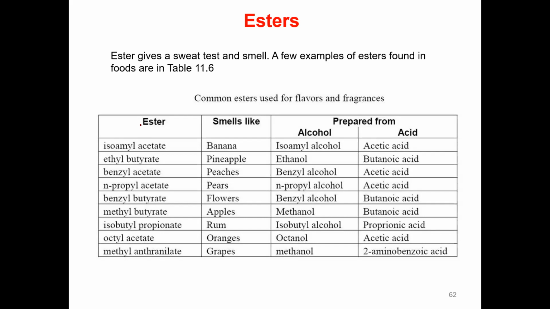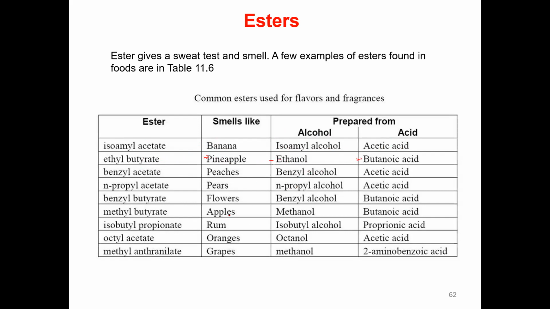Okay, so if you want to produce this banana smell like, you can have isoamyl alcohol react dengan acetic acid, ataupun nak rasa nak bau nanas-nanas sikit kan, so kena produce ethyl butyrate, okay, which is a reaction between ethanol dan juga butanoic acid.